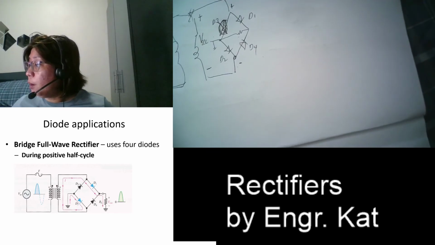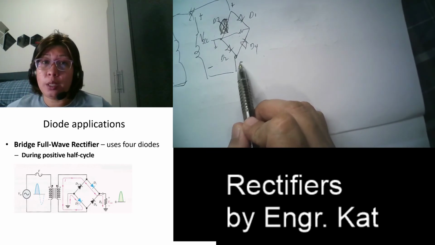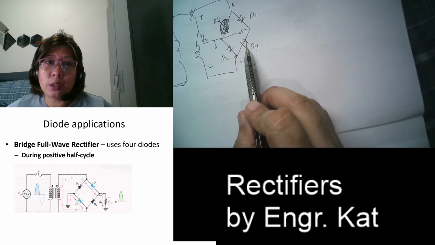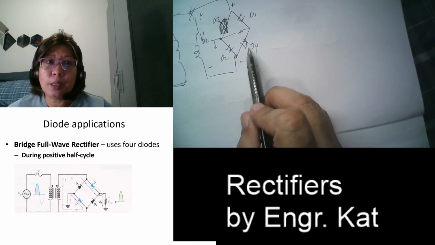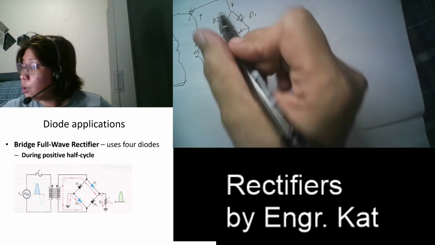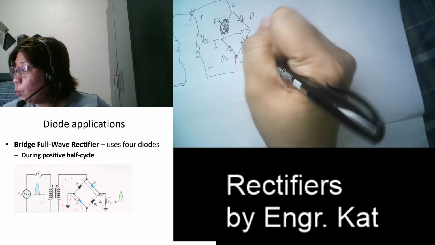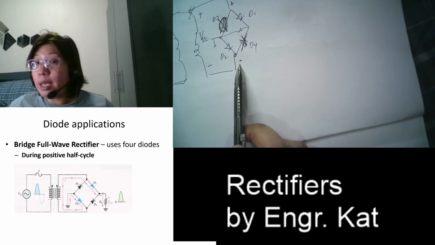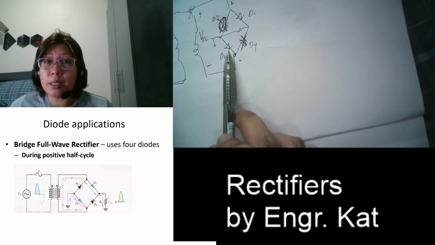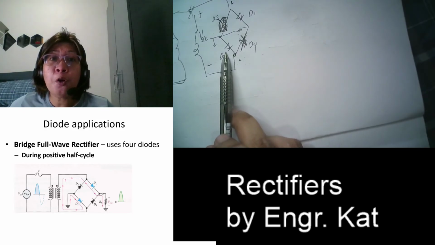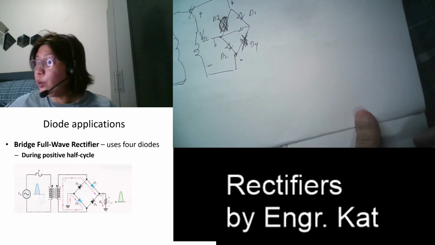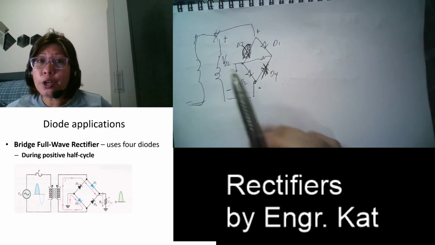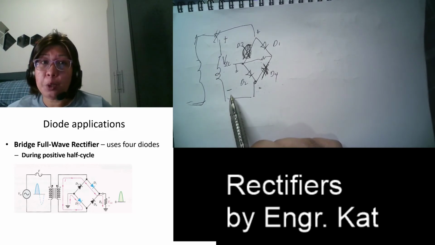If we look at this position here, the negative terminal is connected across this anode, so this is reverse bias. This is open, current will not flow there. However, this is minus and this is cathode, so this is forward bias. If we trace your current, this is your input at the secondary, your current is flowing from the negative to the positive.